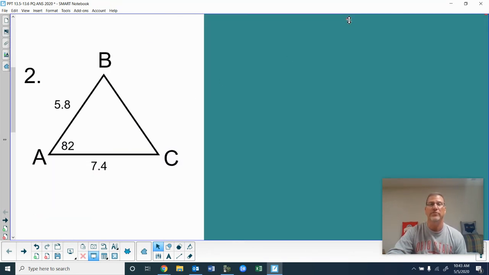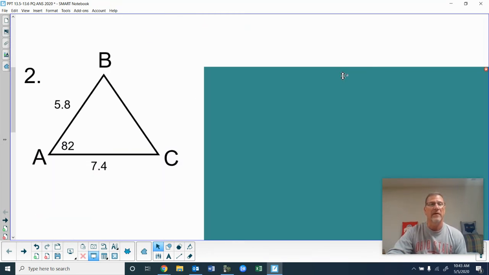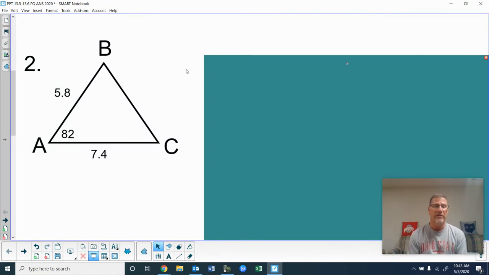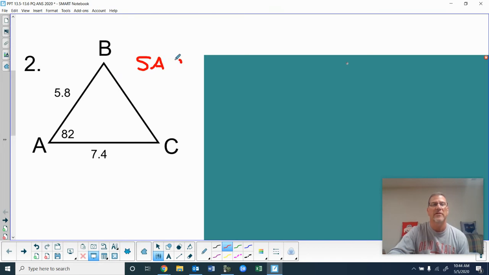All right, number 2. You're given angle A is 82 degrees, side B is 7.4 and side C is 5.8. This is a side angle side situation. SAS is one of the situations where we have to use the law of cosines.